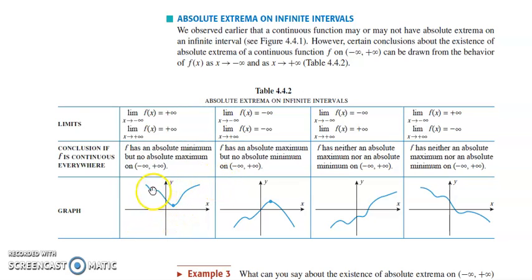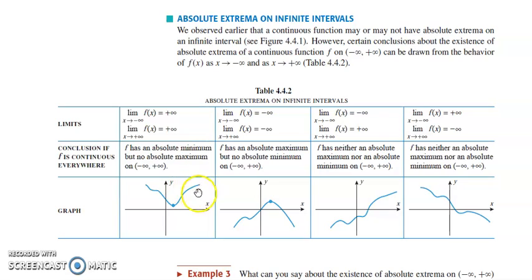Similarly, as x goes to minus infinity, the function value can go to infinity. So at both ends the function value is increasing, going to infinity. If you look at this graph, you can see the function value increases to infinity. So the maximum value of the function approaches infinity. So in that case the maximum is not defined.